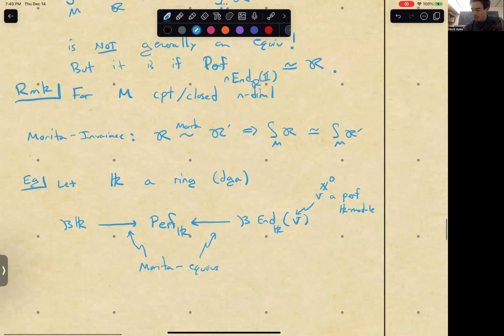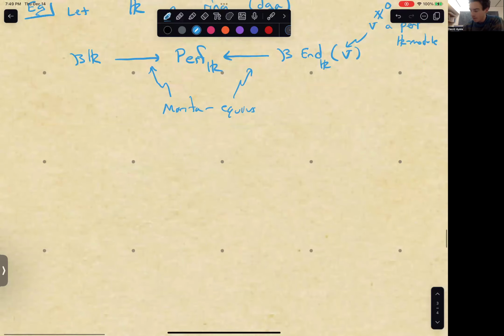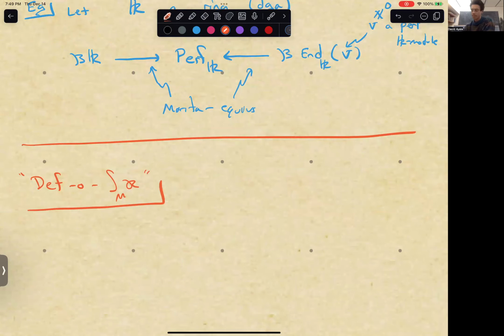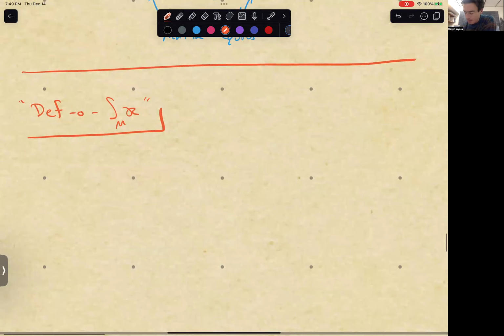So maybe I'll outline a definition of factorization homology now. So here's a definition.